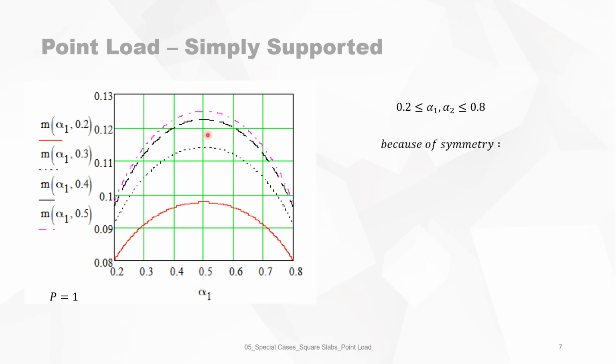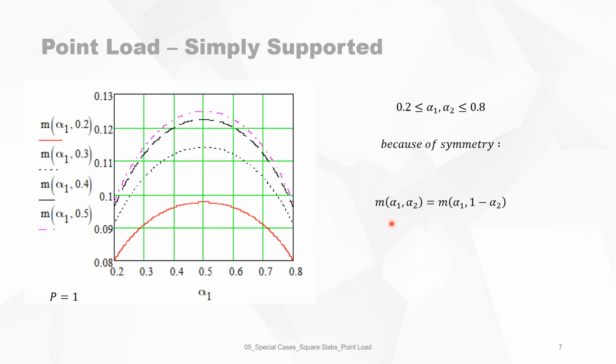Now, just notice that we only have 4 different curves plotted. Why did we not plot alpha 1 for 0.6 and so on? Well, it's very simple. It's because of symmetry, of course. The bending moment for alpha 1 is exactly the same as for 1 minus alpha 1, and the same for alpha 2 and 1 minus alpha 2.